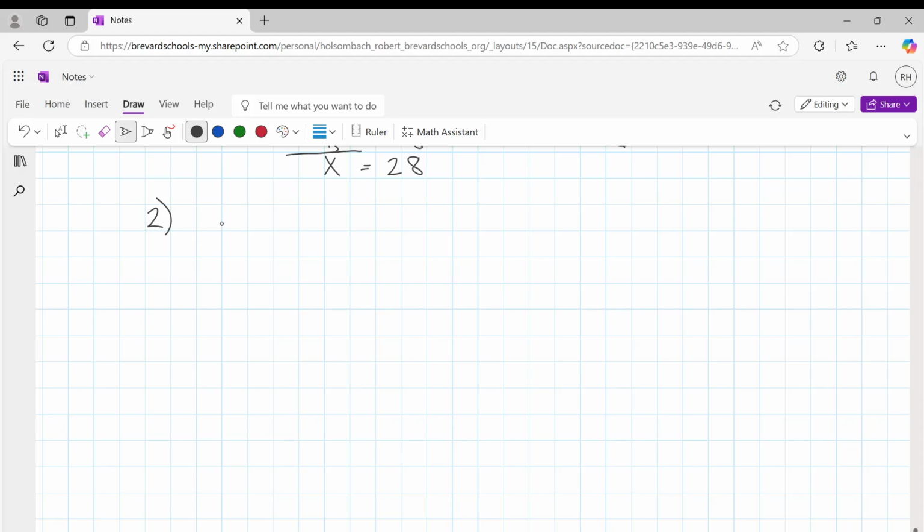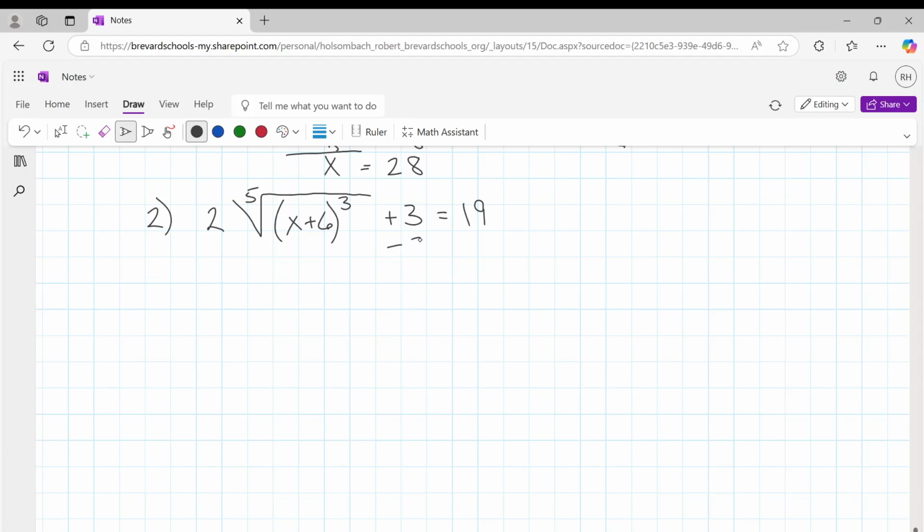Problem number 2. We've got 2 times the fifth root of x plus 6, to the third, plus 3 equal to 19.